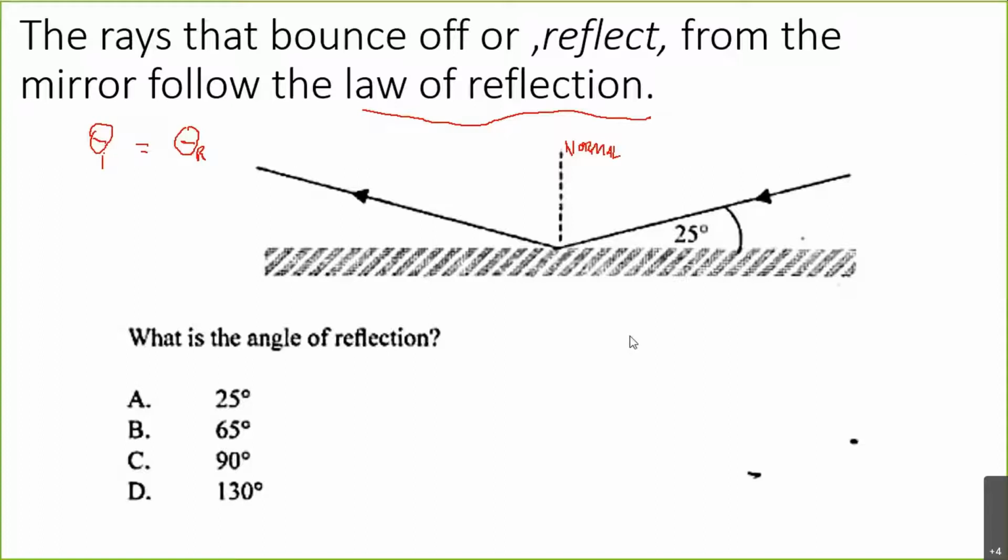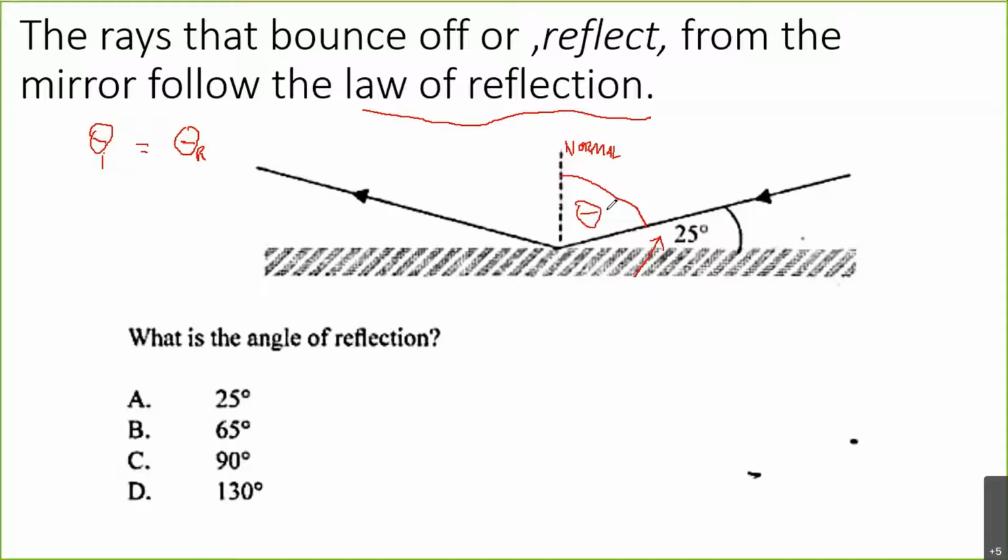A is a common answer. So the reason you're thinking A is a common mistake that a lot of students make. You're looking at this angle here. But it's important to remember that the angle of incidence is between the normal and the incident ray. This is the angle of incidence.